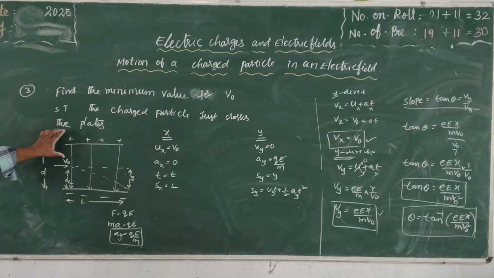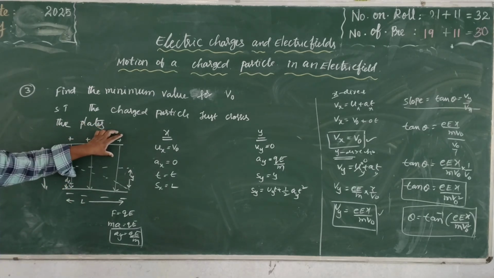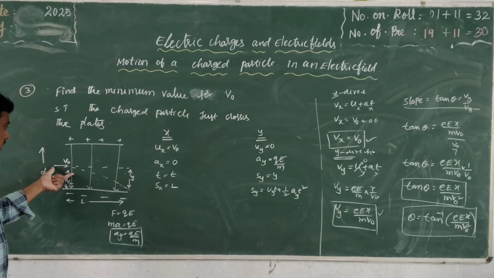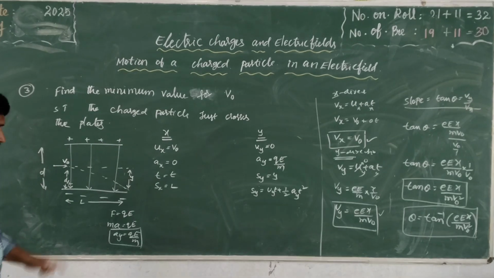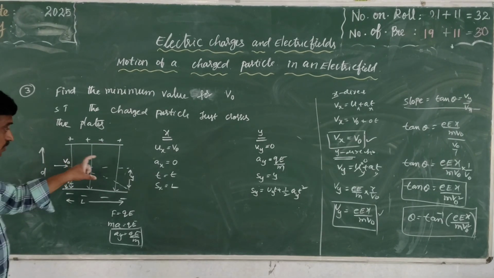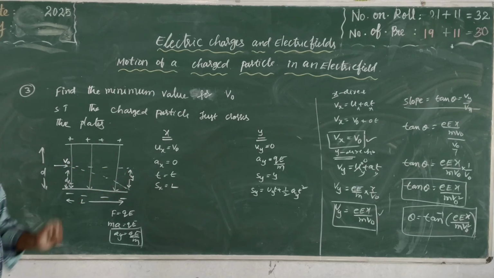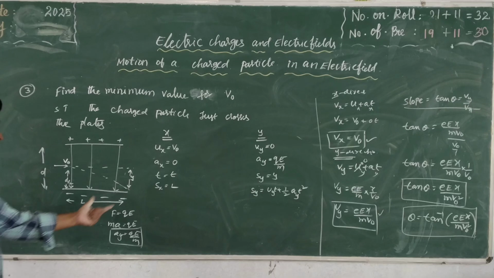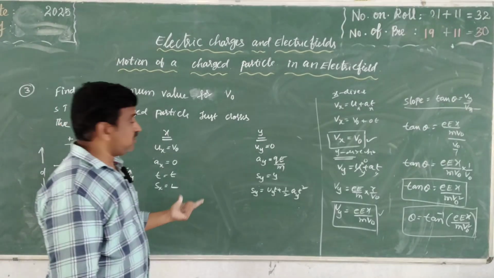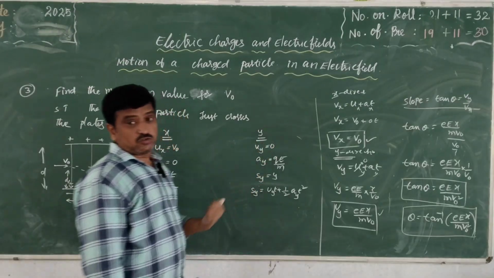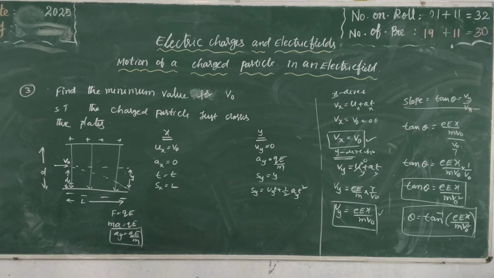See, this is the uniform electric field. A charged particle is moving in this electric field. At what minimum velocity this charged particle just crosses the plate, that only we find out. For that we can write the x direction initial velocity and acceleration, and the y direction. From that, Sy equal to u y t plus half a t square.